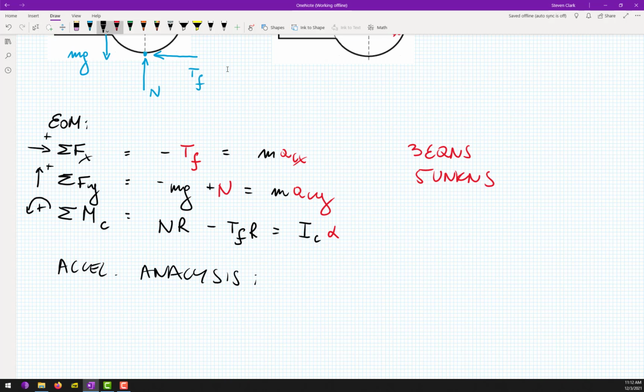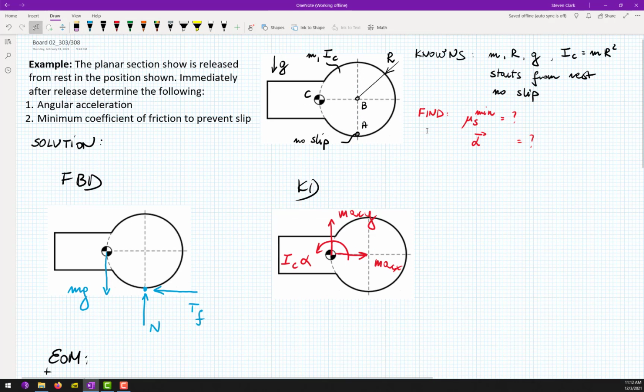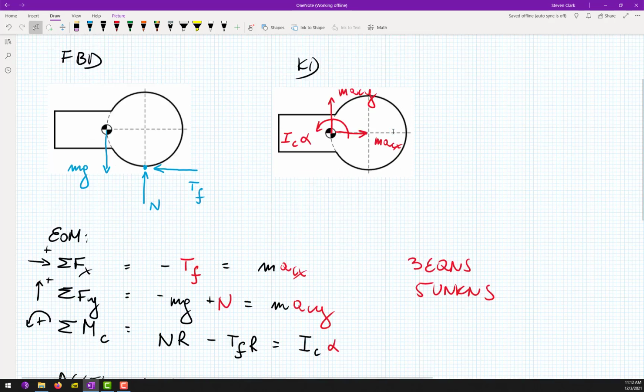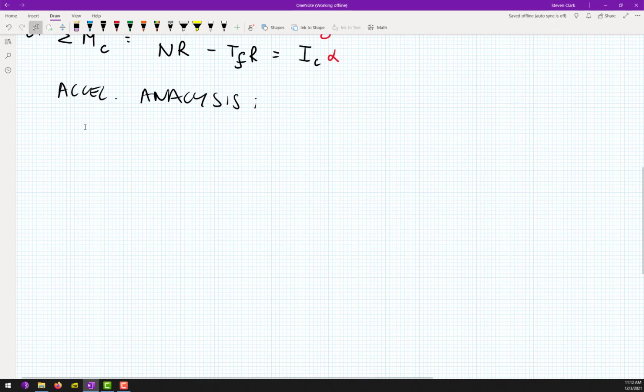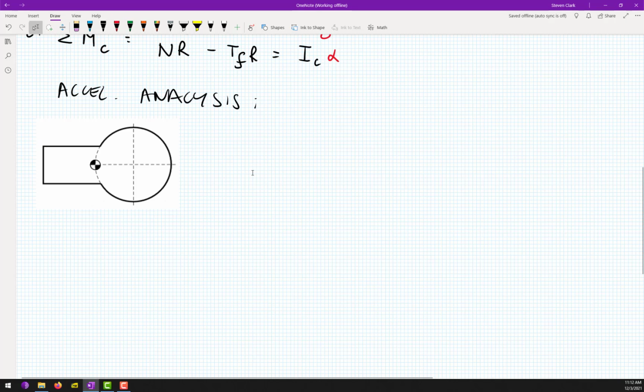I wanna run two of them because we don't know anything about any point, yes? So we don't know anything about acceleration at point A, B, or C. So let's do acceleration B with respect to A and maybe C with respect to A.